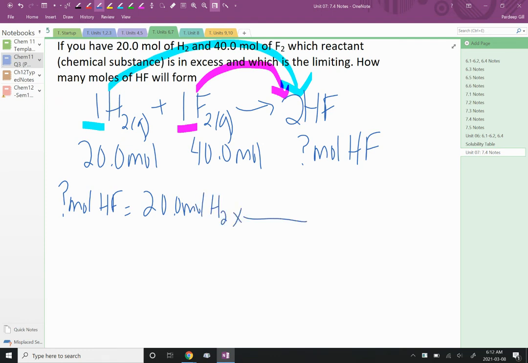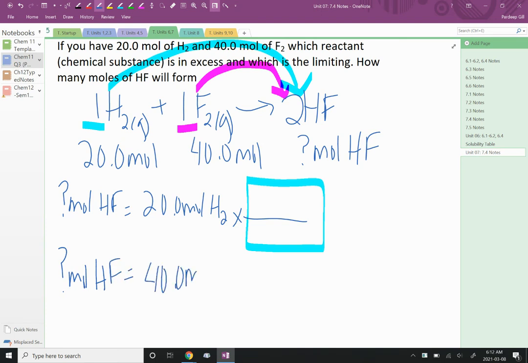We're already in moles, so we can go right into the mole bridge there. And then we also want to find the moles of HF based on the 40.0 moles of F2. So I'm going to do this in parallel here so you can see what's happening.